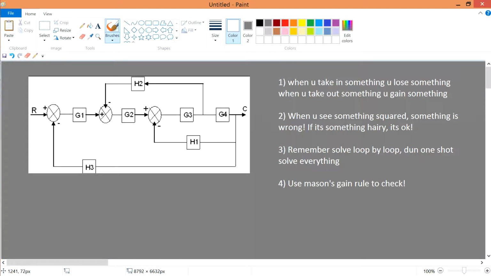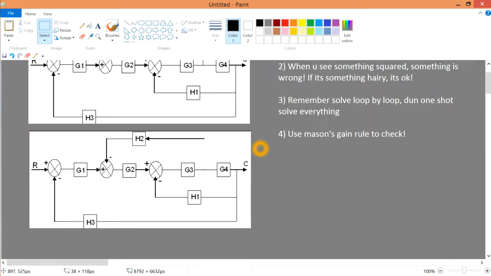So when you're taking something in, you lose something. What do I mean by that? For this block diagram, if I want to simplify it, I will just bring this thing out and reconnect it.